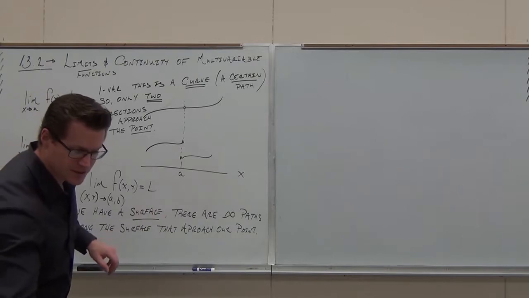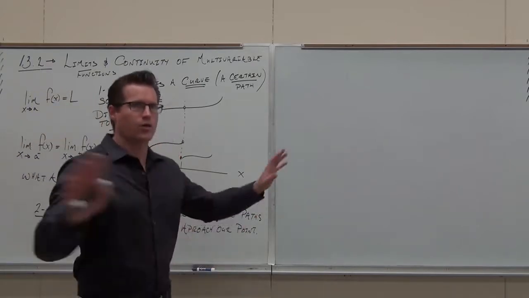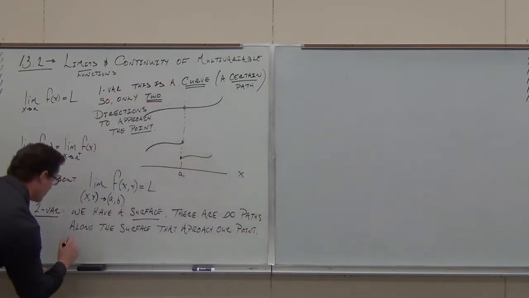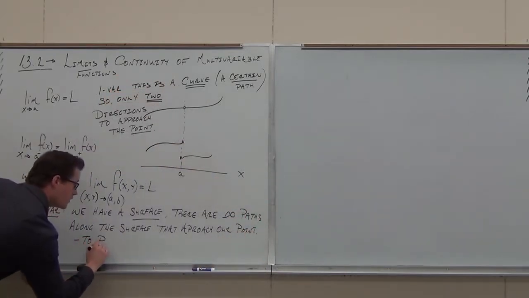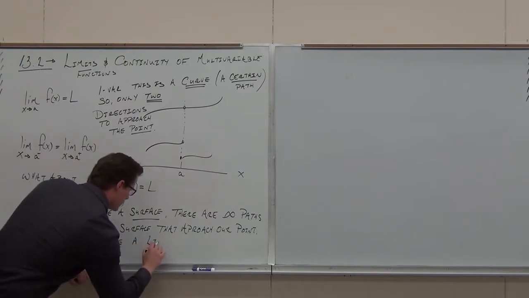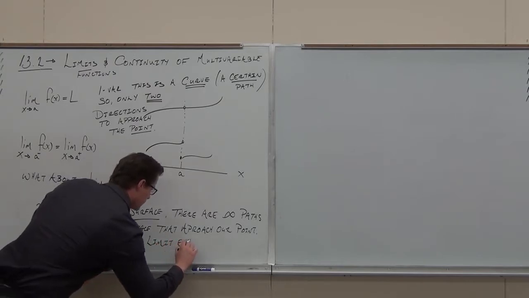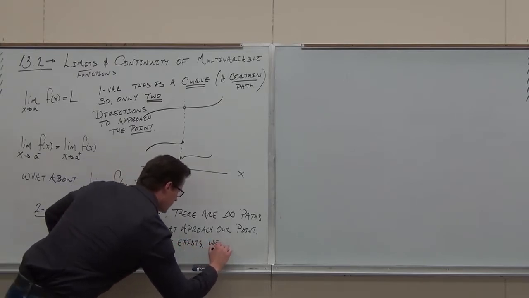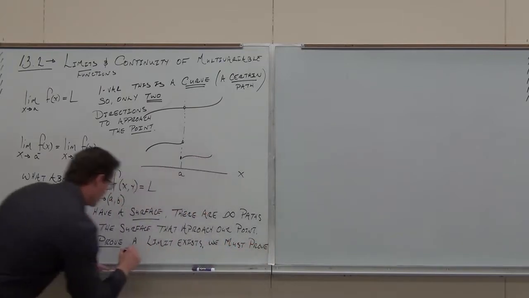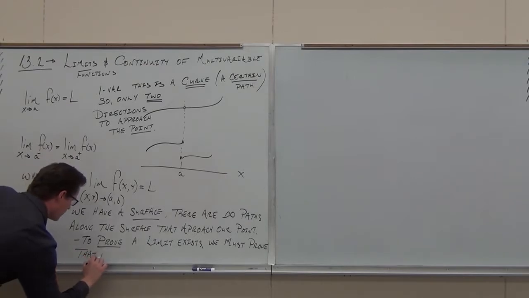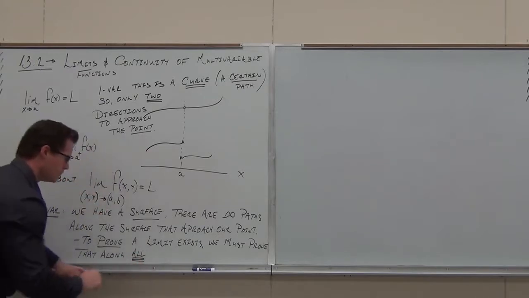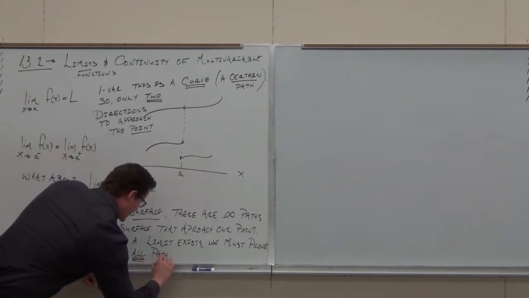So to prove that this exists, you have to prove that along all the paths, we approach the same height as we approach that point. All paths, all infinity of them.